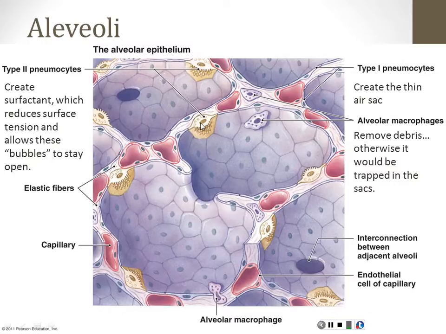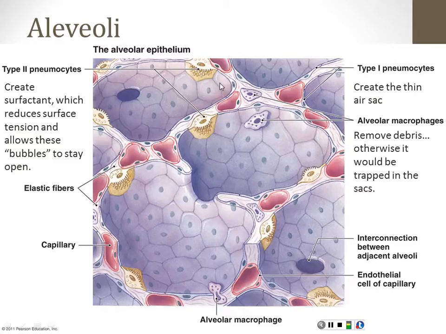So these type 2 pneumocytes create a thin layer of soap that coats the inside of all of these alveoli, allowing them to stay open and to get bigger and smaller as we breathe in and out. In a normal healthy patient, you never have to think about this surfactant. It's always there, it works just fine. It's a very simple physics-based system.